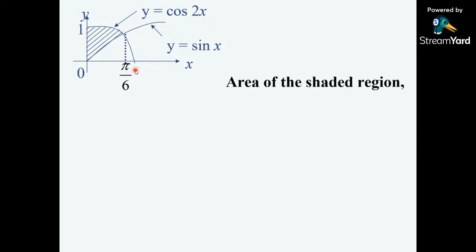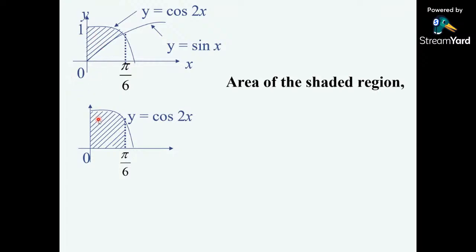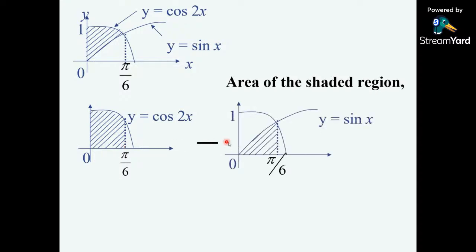To find the area of the shaded region, if I take all of this under the function cos 2x and minus the region below y equals sine x, I will get this region. Let me repeat again: if you take all of this region and minus this, I will get the required one over here.